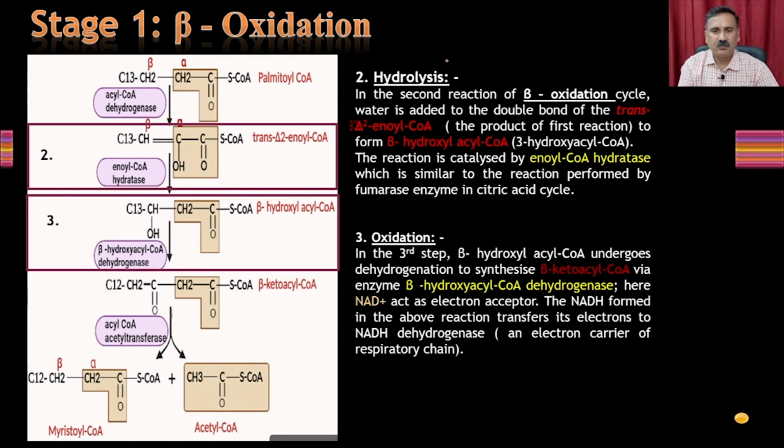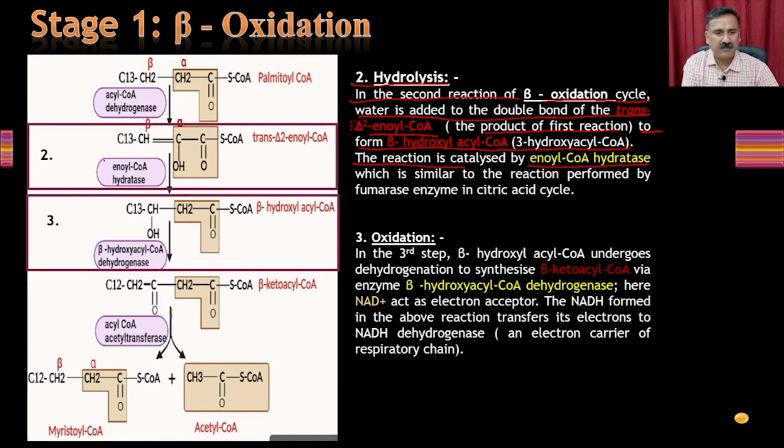Now in step 2, it is going to have the hydration. In the second reaction of the beta oxidation cycle, water is added to the double bond of the trans-enoyl CoA, the product of the first reaction, to form the beta-hydroxyacyl CoA, or 3-hydroxyacyl CoA. The reaction is catalyzed by an enzyme called enoyl CoA hydratase.